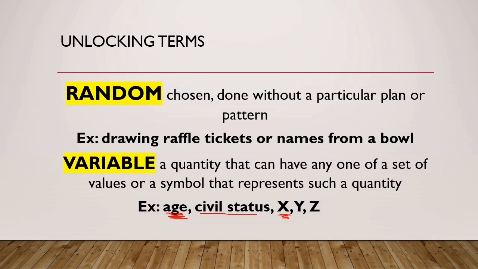So take note, a variable is represented by capital letters, so any letter found in your alphabet. Mostly we use x. This is the common variable that is used because x is well known as unknown. If you do not know the value, you can use x.